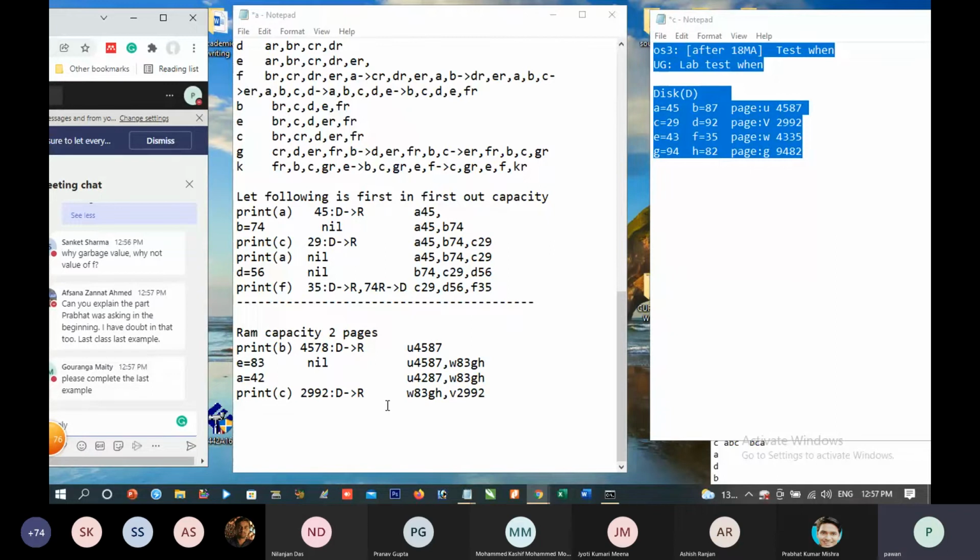When the print of C will take place, then 2992 will be transferred from disk to RAM and 4287 will be transferred from RAM to disk. Do you understand it?